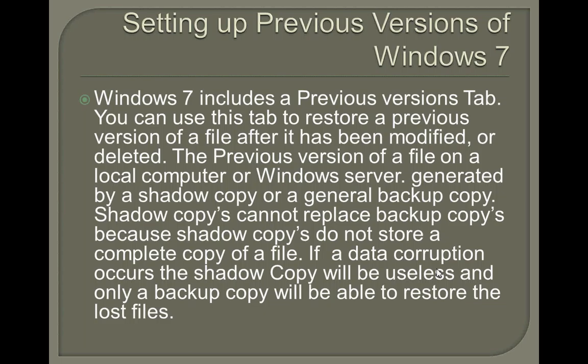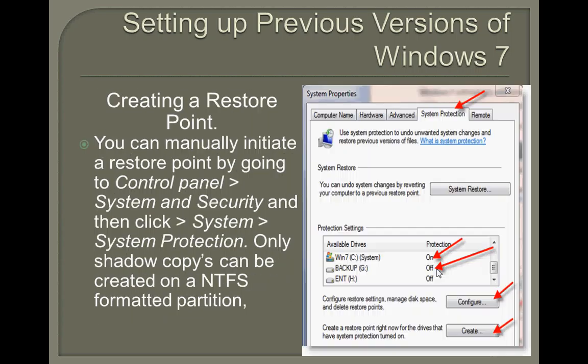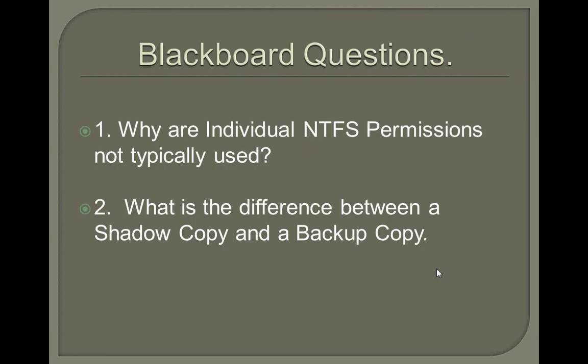The shadow copy cannot replace backup copies, because shadow copies do not store a complete copy of the file. It's just the shadow, not the full thing, especially if you have any type of corruption on your computer's hard drive. Then the shadow copy won't be your best friend, and you'll probably curse the day that you tried a shadow copy instead of a backup copy.